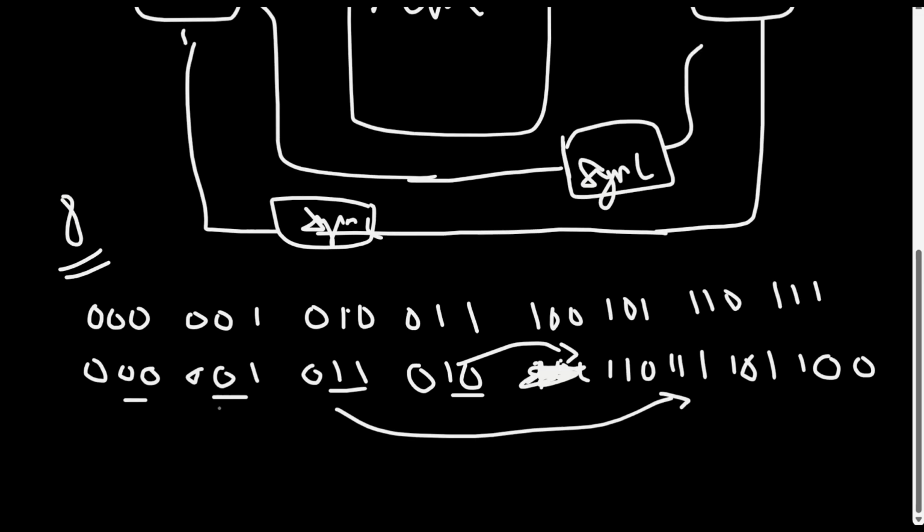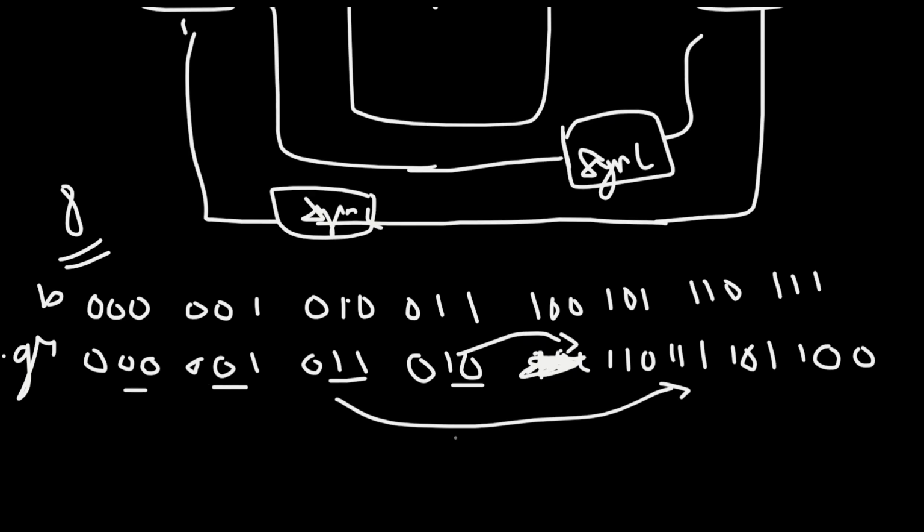So here if you see the distance between any two consecutive pointers, it is one bit, since it's gray, this is the binary. So one bit, one bit, one bit, one bit, one bit, one bit, and one bit here. So here we do not have any problem, since the gap is just one bit.